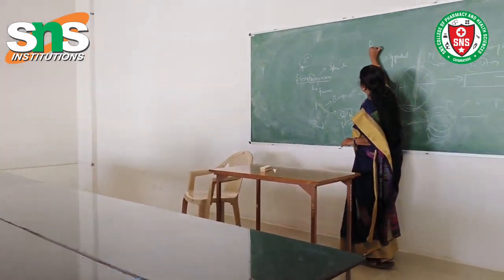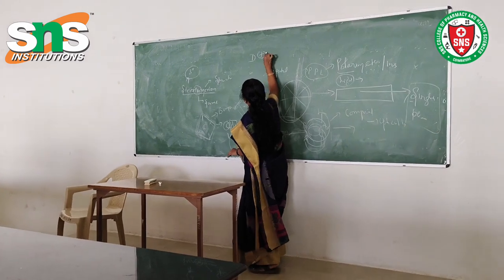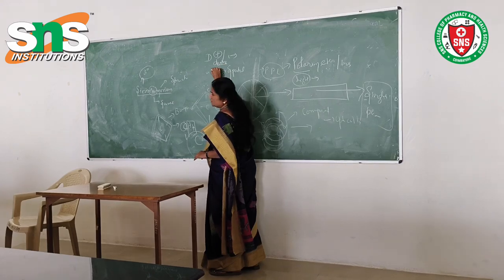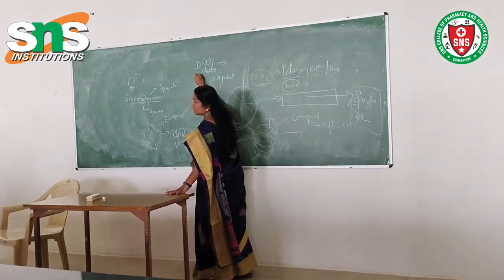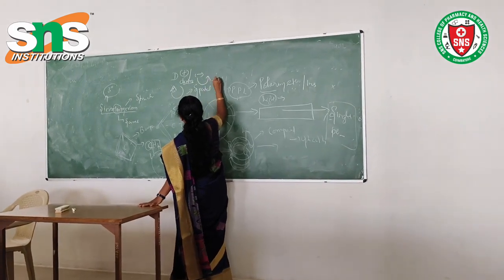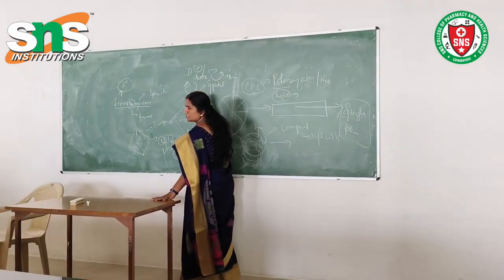You take any compound like the dextro form. Dextro form means it rotates plane polarized light to the right side. Levo form means anticlockwise or left side.